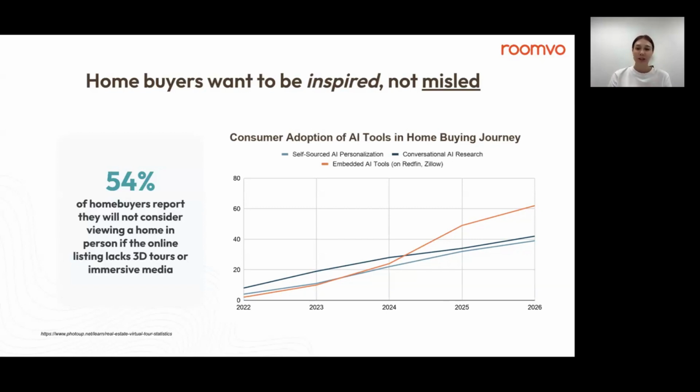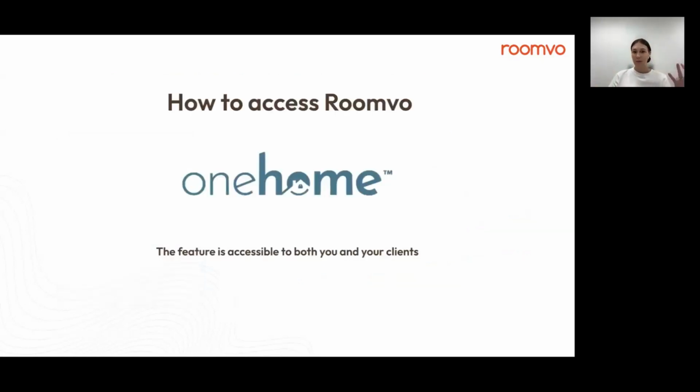But I think this is a really interesting note where we have home buyers that are interested in this digital and design inspiration within the listing experience, but we have concerns about how to bring that inspiration in a way that's not misleading. And so really that informs how we're building Roomvo today and how we continue to look at the product as we bring in new features and evolve it.